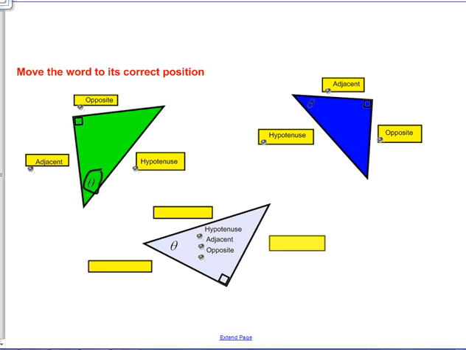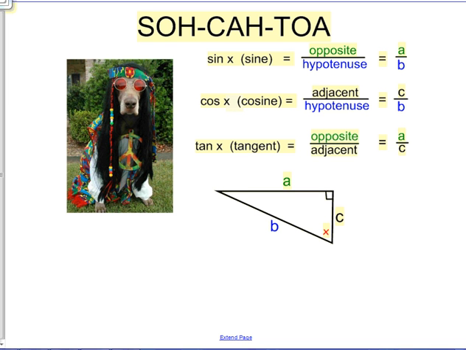Now with those sides and names in mind, we have things called sine, cosine, and tangent.